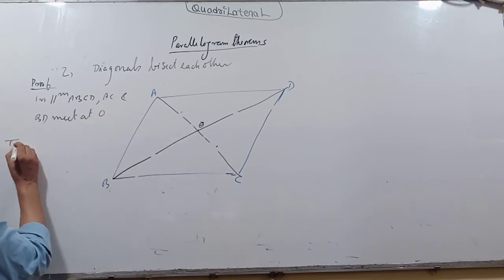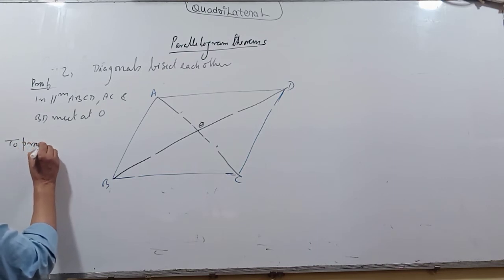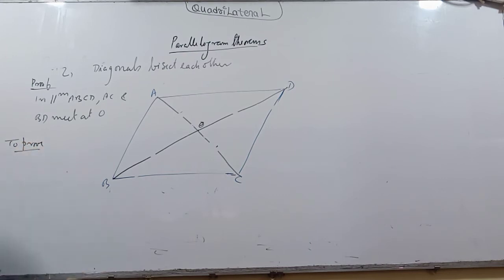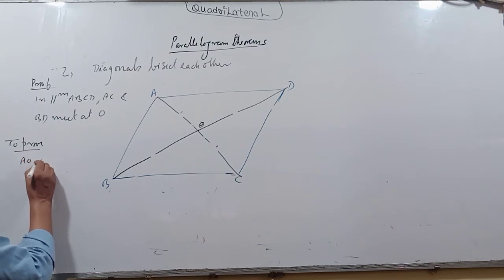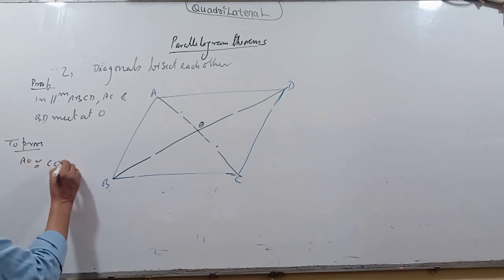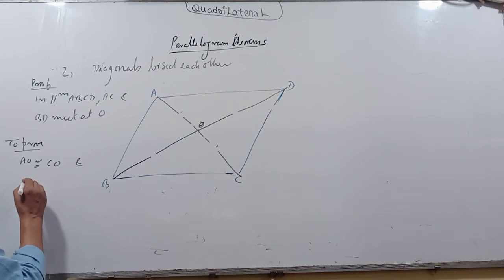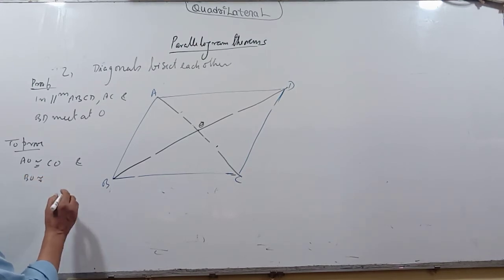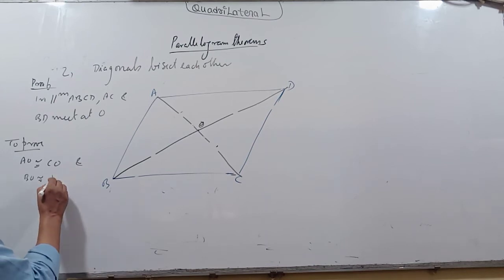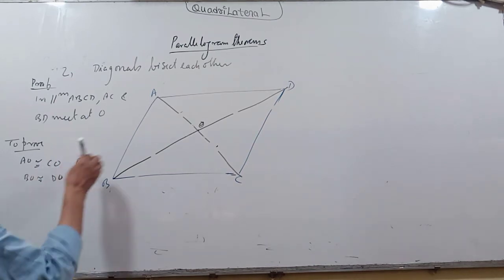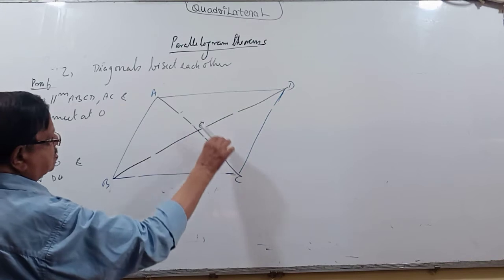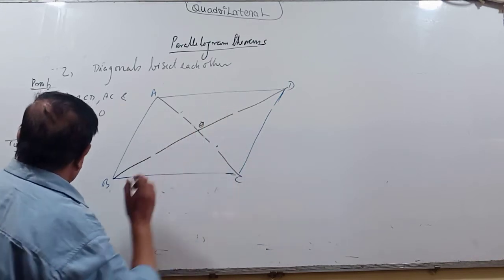To prove: AO is congruent to CO and BO is congruent to DO. We have to prove that this is congruent to this and this is congruent to this.